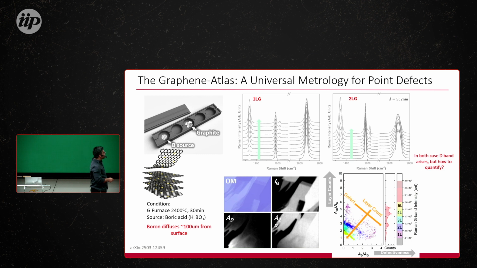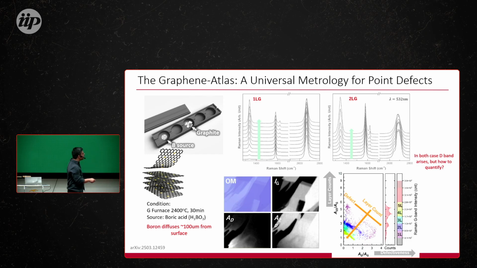It's over here. Instead of considering the intensity and position, we consider the integrated area of this band over here, which we call 2D, normalized by the integrated area of the in-plane mode, which is called the G band, as a function of the integrated area of this band normalized by this one over here.